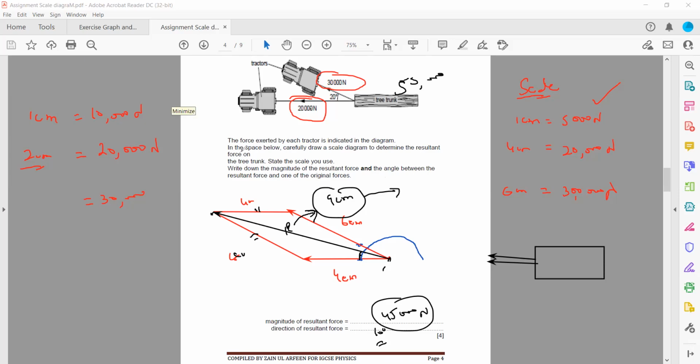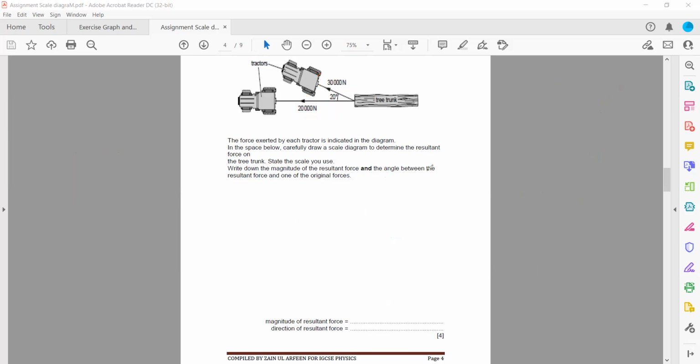Yes, sir. Now there is also a simple way to complete this parallelogram, because it is difficult sometimes to draw parallel lines accurately. For example, if we have one vector of 5 centimeter and another of 7 centimeter, and the angle between them is 110 degrees, to find the resultant we first complete the parallelogram.